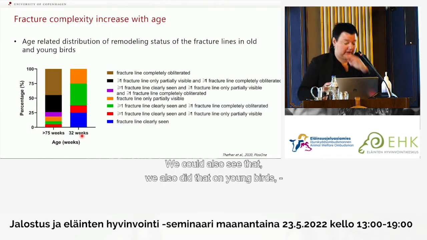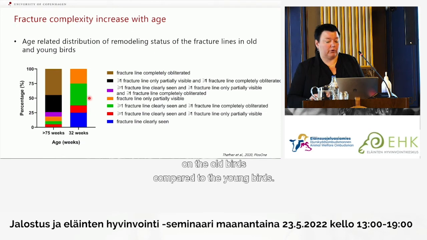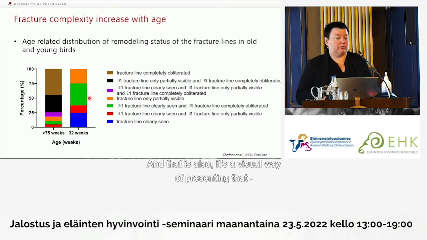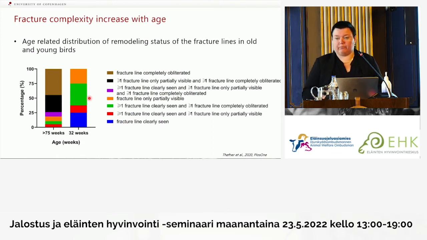We also did that on young birds. And here you can see there are more colors on the old birds compared to the young birds. That is a visual way of presenting that the older the birds, the more complex fracture patterns they have.